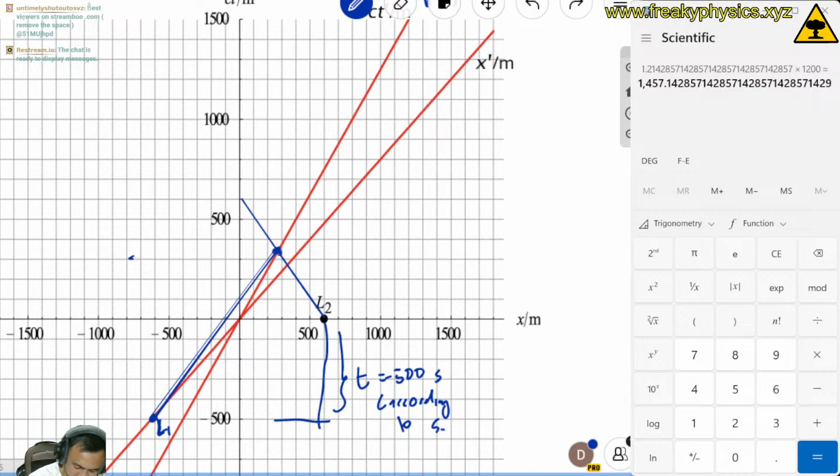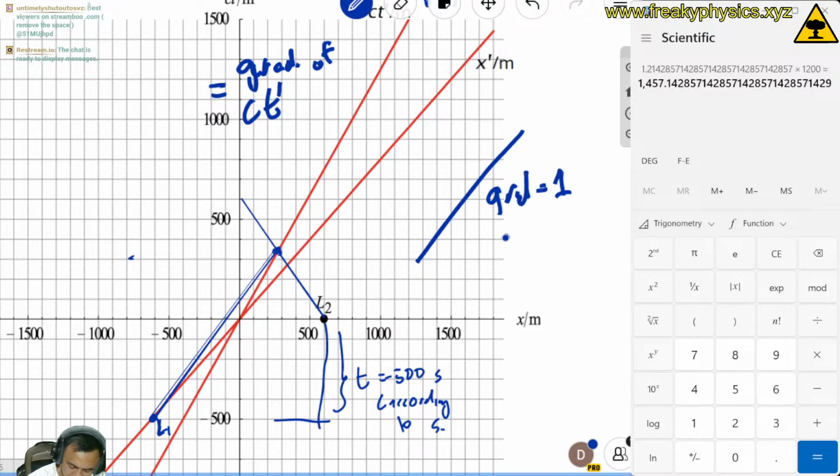Let's do it like that. The gradient of which one is it? The x prime? No, the ct prime graph. The gradient of that will be equal to... hold on. If this were 45 degrees, if the gradient is equal to 1, that should mean that the velocity equals c.